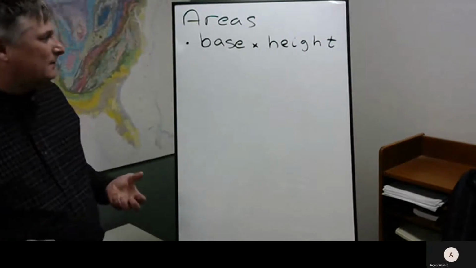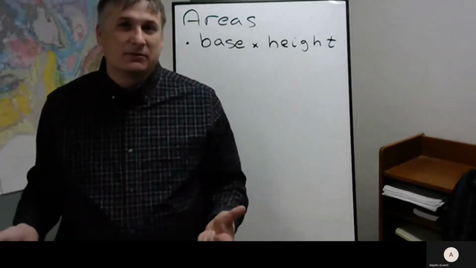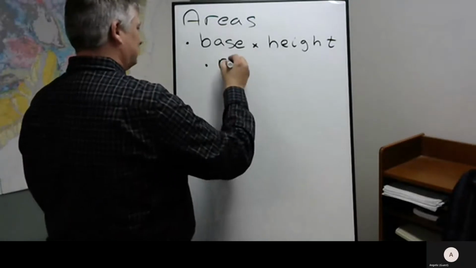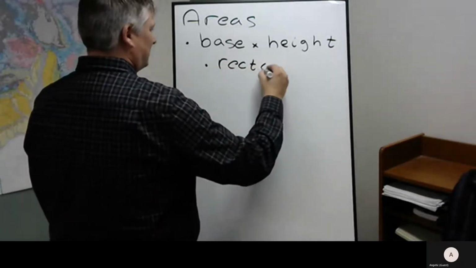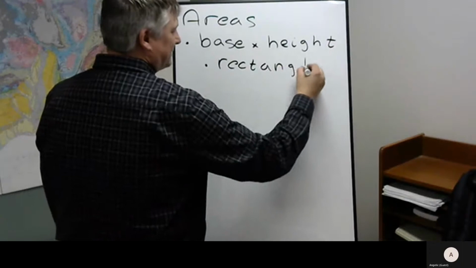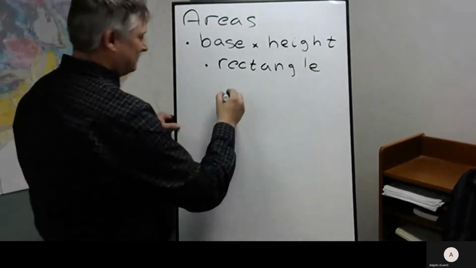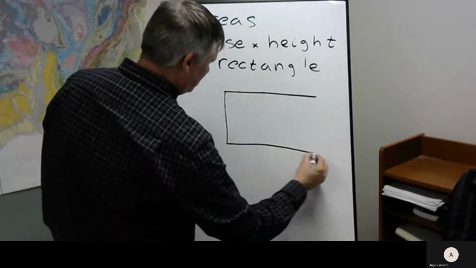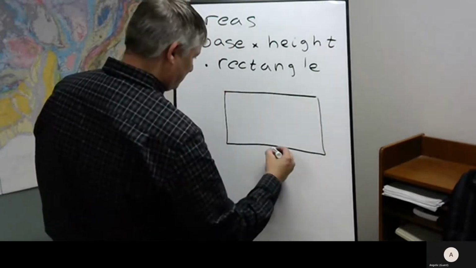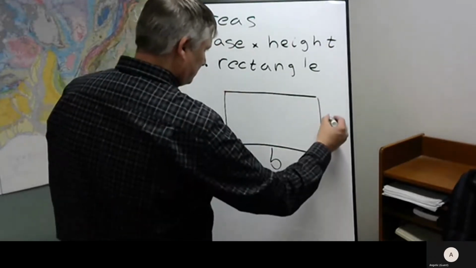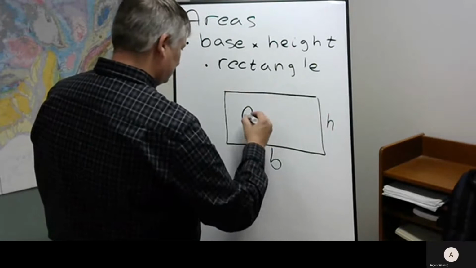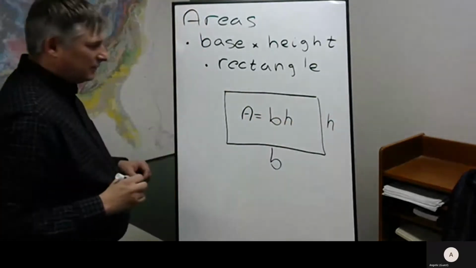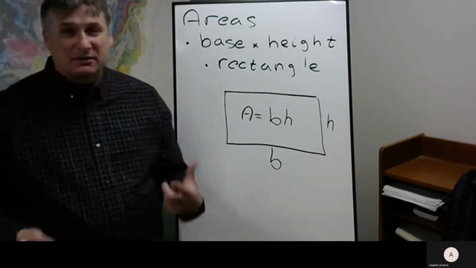Probably the basic shape for this is what we call the rectangle, and we saw the rectangle last time. So the area A is base times height.